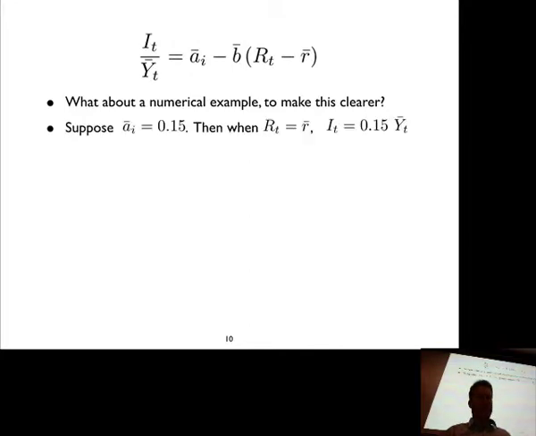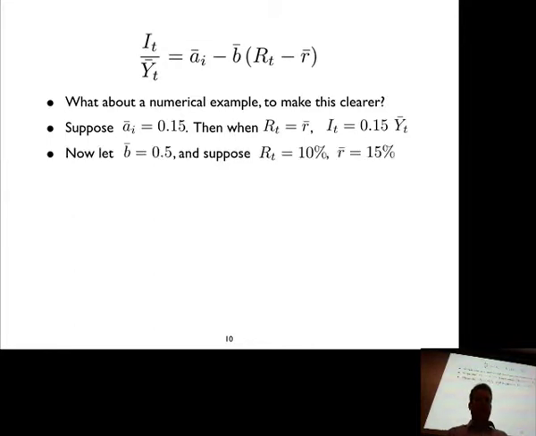Okay, so here's a numerical example, if that helps a little bit. Suppose that, and this is a little out of date, I haven't updated it, A bar I is 15%. We've seen that in the data it's actually more like 18%, but ballpark. Then if you have the real interest rate equal to the long-term marginal product of capital, then investment is 15% of GDP.